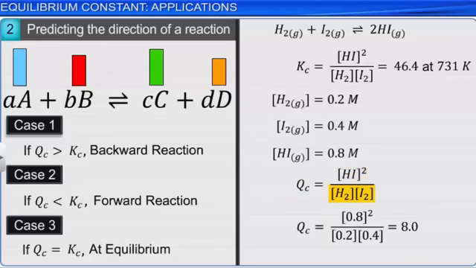This is equal to 0.8 squared divided by 0.2 times 0.4. The value of the reaction quotient comes out to be 8.0. As this is smaller than the equilibrium constant, the reaction proceeds in the forward direction. It means that more of gaseous hydrogen and iodine react to form the product hydrogen iodide.